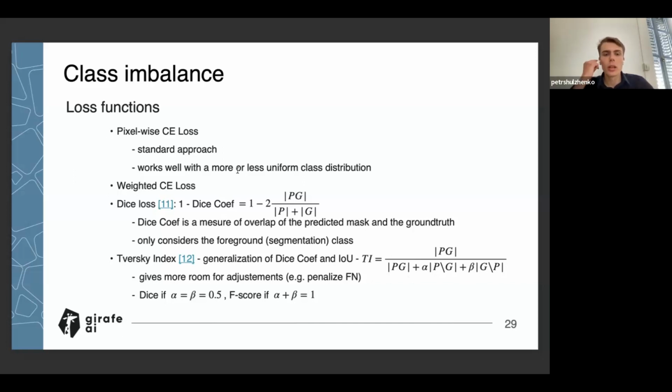So a variant of this dice loss, the generalized dice loss, is widely used in practice. Also, there are lots of generalizations of the dice coefficient in which you can more penalize, for example, false negatives or false positives, etc., etc.